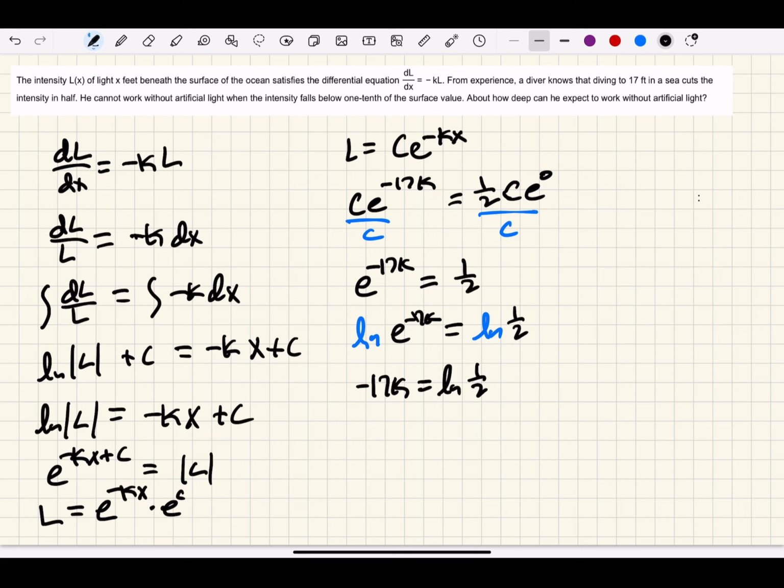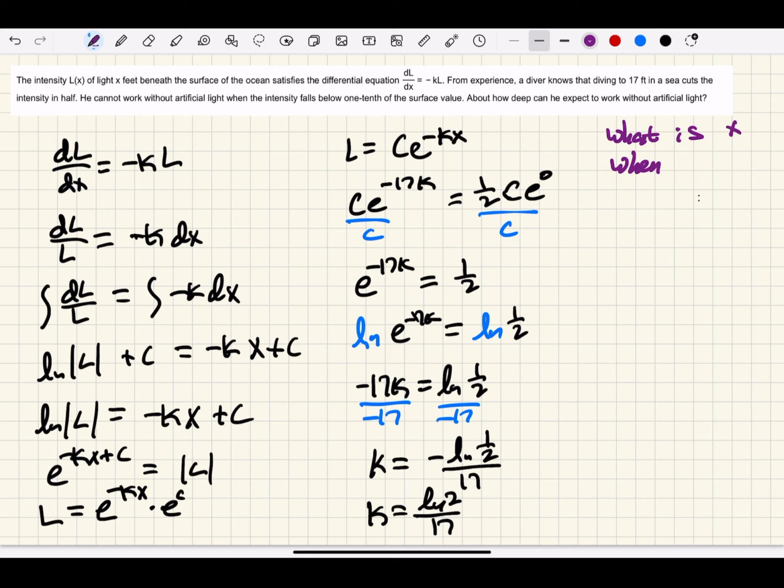Dividing both sides by negative 17, we wind up with k equal to the opposite of the natural log of 1/2 over 17, and from our log properties, we know that we can express this as the natural log of 2 over 17. So we have identified a value for k, but the question remains, what is x when L of x is 1/10 of the initial intensity of light?